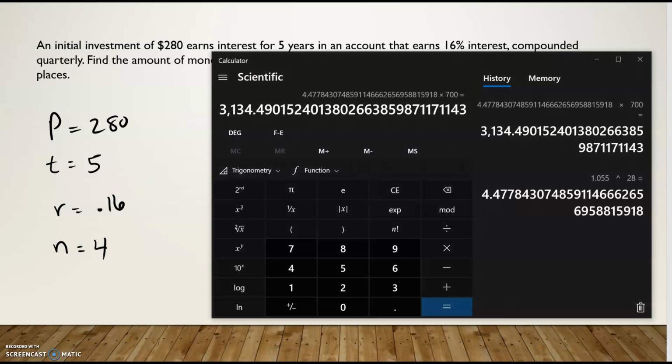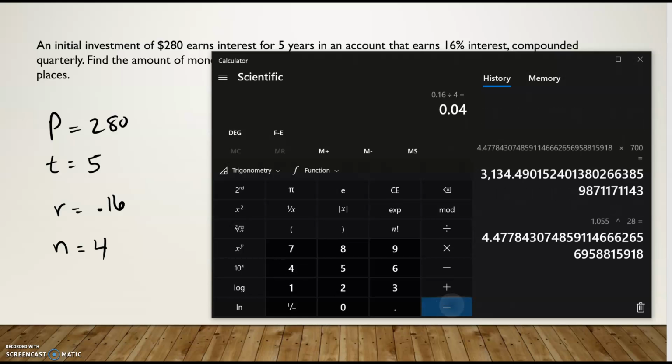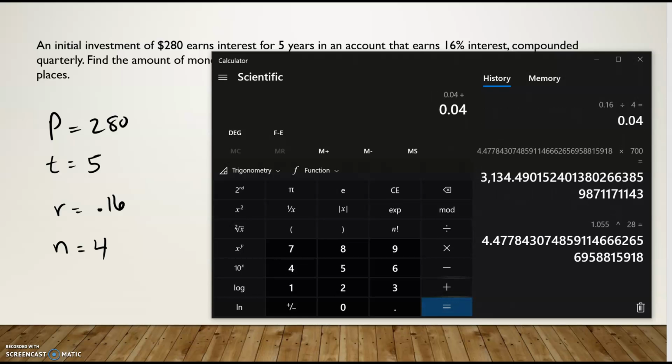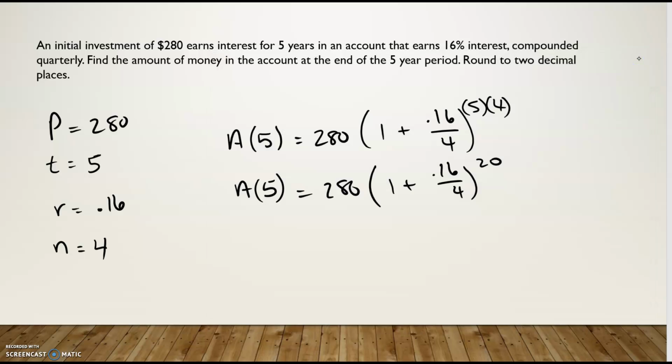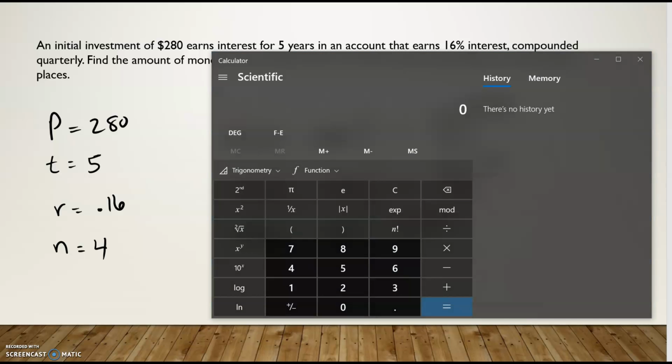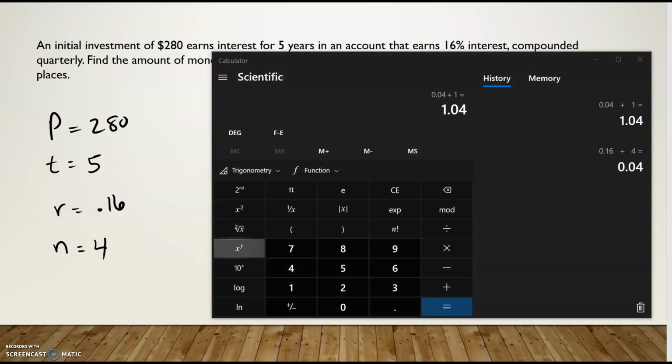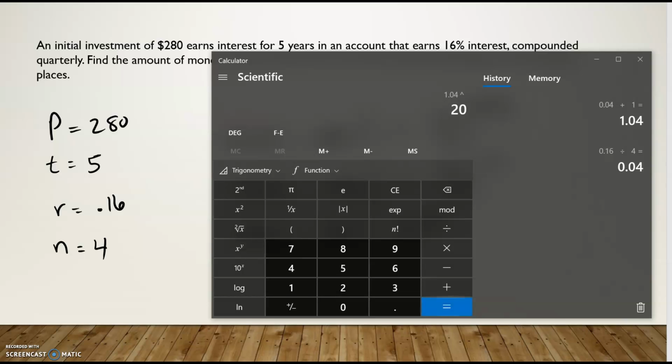Okay, so let's clear this out. 0.16 divided by 4. I'm going to go ahead and add the 1. So 1.04. 1.04 raised to 20.